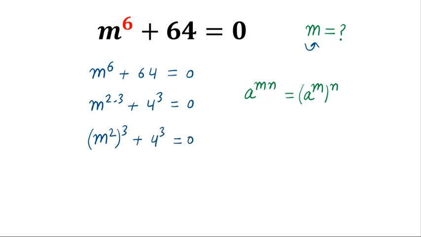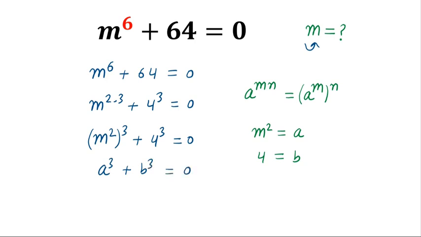Suppose m square is equal to a and 4 is equal to b. Then m square is replaced by a cube, plus 4 is replaced by b cube, is equal to 0.